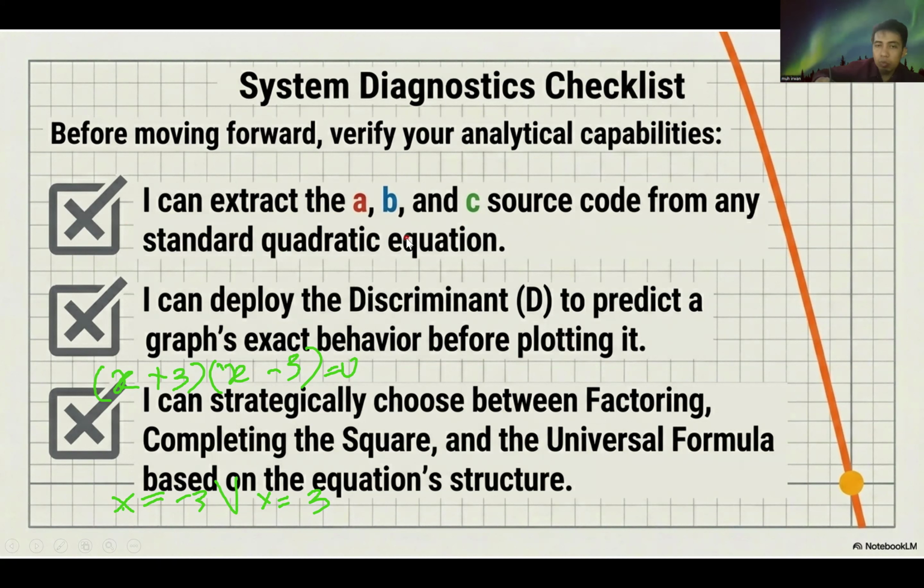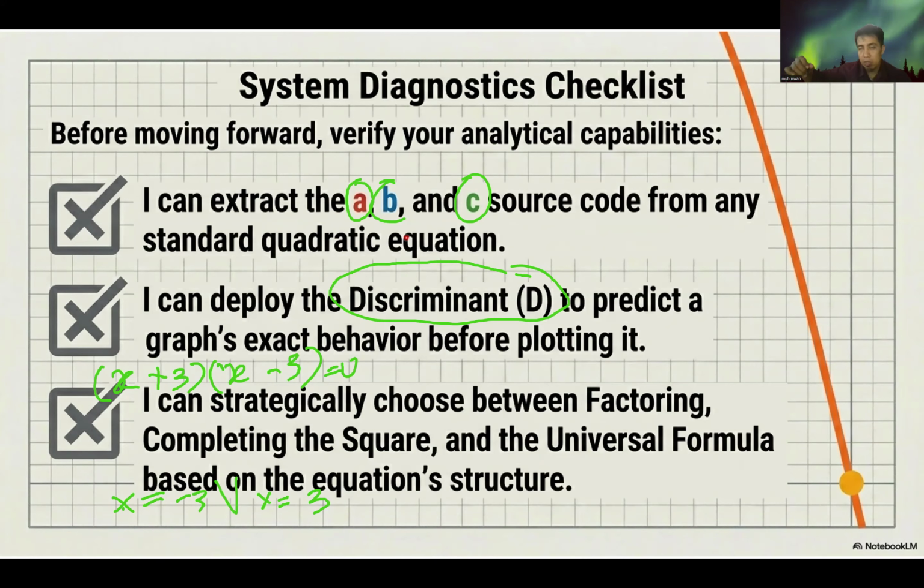We must determine the value of A, the value of B, and the value of C. After that, we can determine the discriminant of the equation. This is to predict the graph's exact behavior before plotting it.